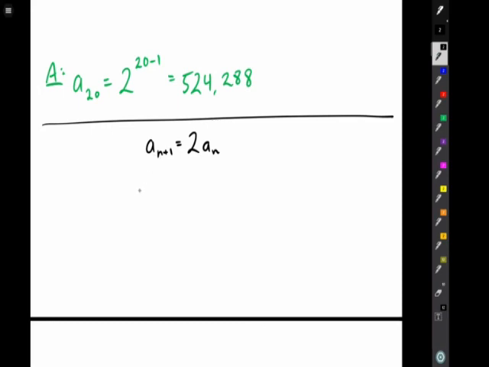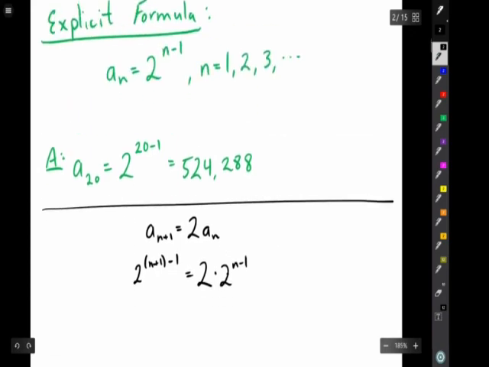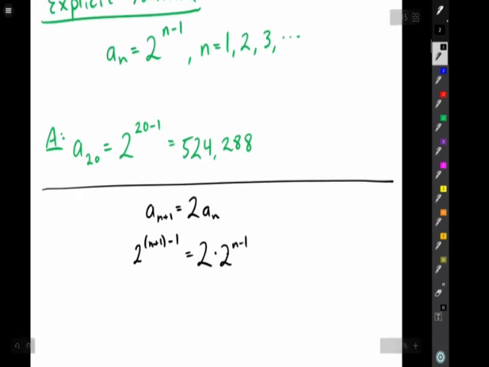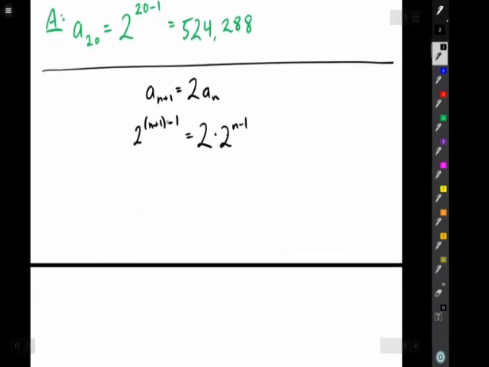So a_{n+1} would be 2 to the (n+1) minus 1. And that should equal 2 times 2 to the n minus 1. We're just plugging in the explicit formula here. Well, simplify the exponent here, we get 2 to the n. Combine these exponents, we get 2 to the n. And then, those two match up.